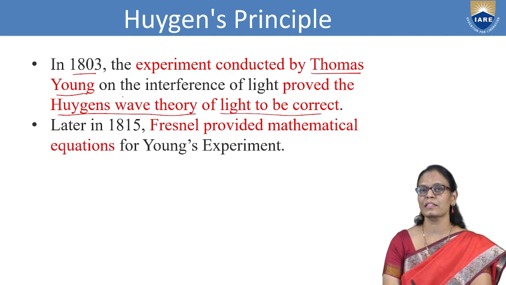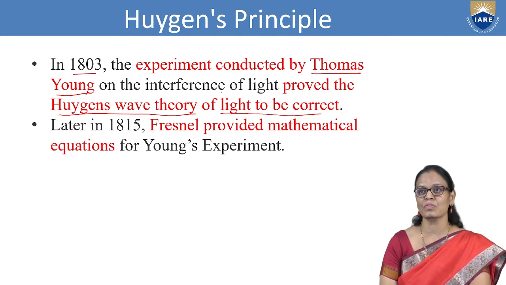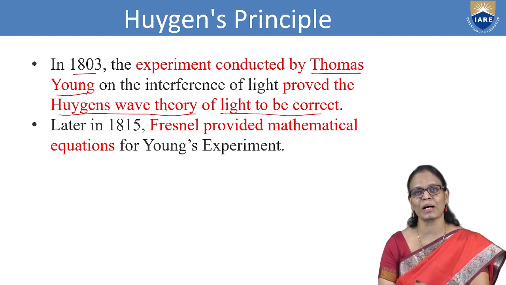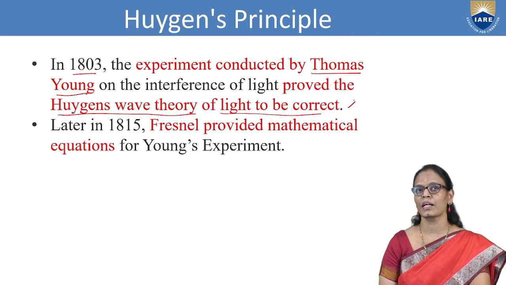So, when he was experimenting on interference of light, what he could explain is that whatever theory was put forward by Huygens, it was correct.